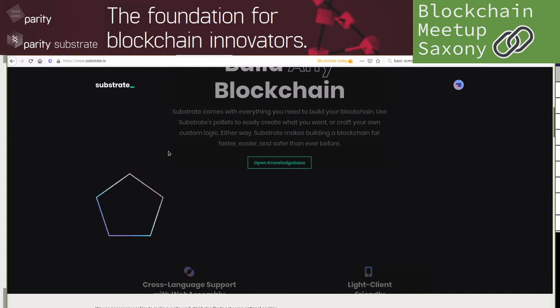Is it right? I'm not sure. It doesn't sound familiar to me. I don't think so. My personal hope was that Substrate 2.0 would come out before the Polkadot mainnet launch. I don't know if that's going to happen or not. I thought it made a lot of sense, but who knows?